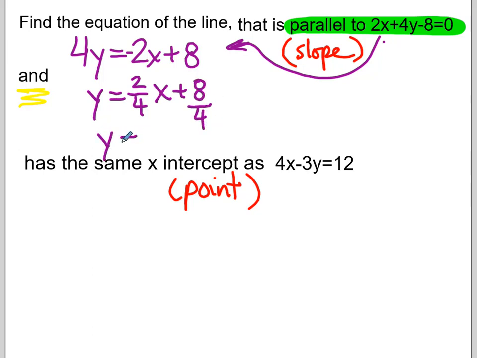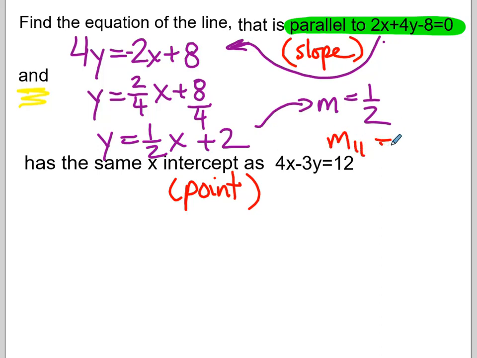And I'm going to get my equation written in y equals mx plus b format. Now I don't really need all of that. All I really need is the slope, which is 1/2. Now if I am parallel, then that slope that I'm going to use to solve this expression is 1/2. So I put a box around it so I know what to find.